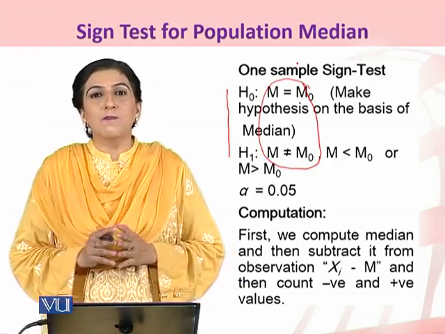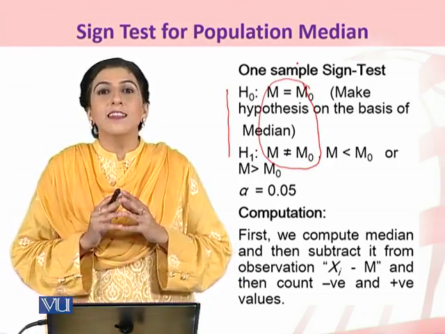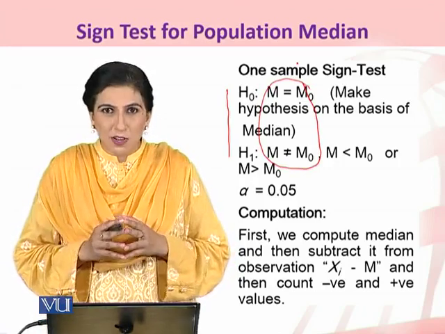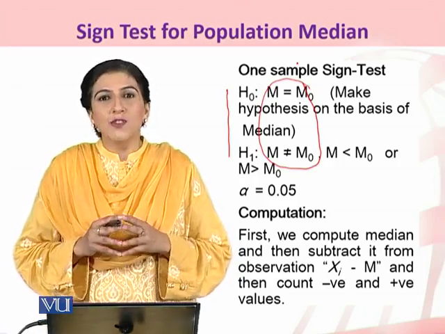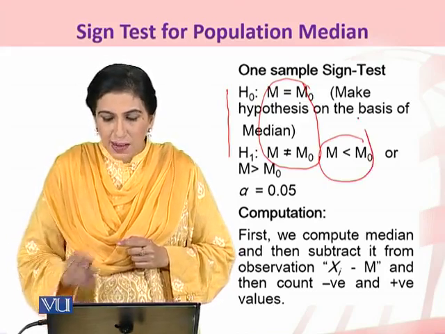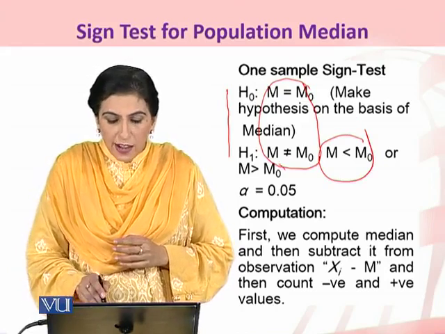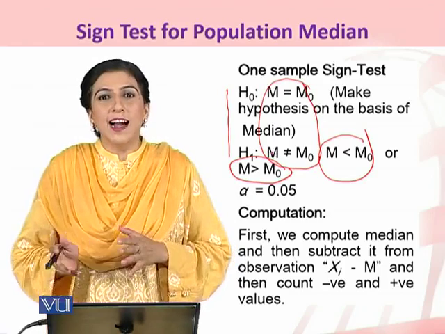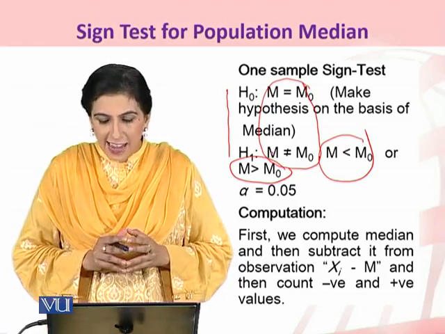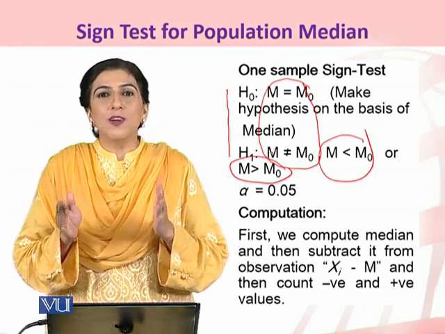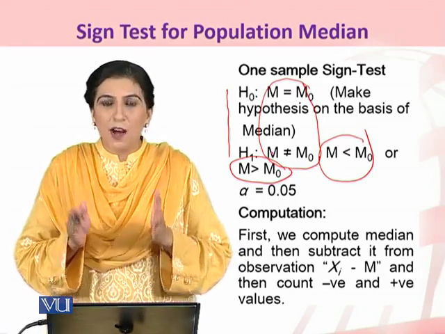This particular pair of hypotheses is known as the two-tailed test. But we can also test the assumption about the median using the one-tailed test. देखिए जैसे यहाँ पे students हमने किया M less than M naught, or we can also test the assumption about the median using the right-tailed test. So in this particular step, we are going to construct the pair of hypotheses.